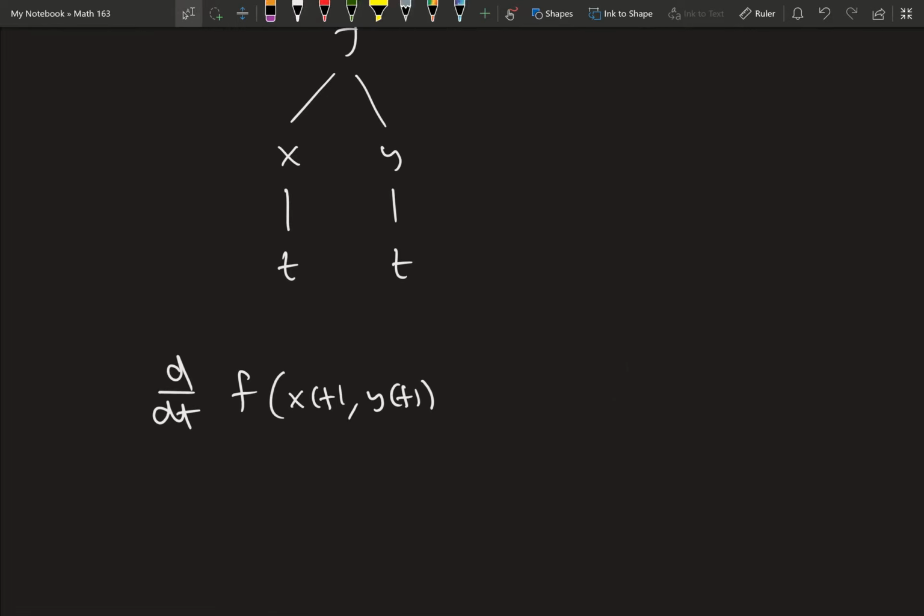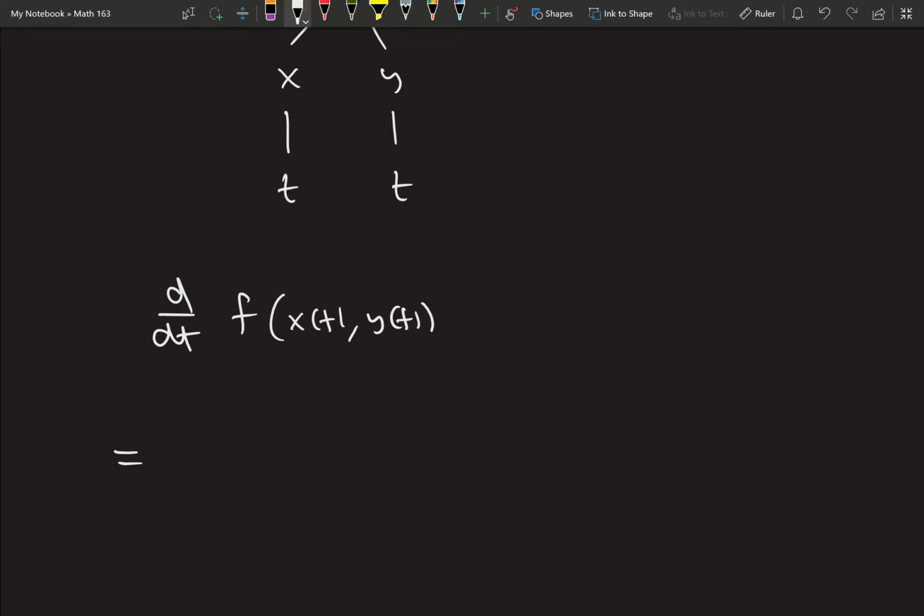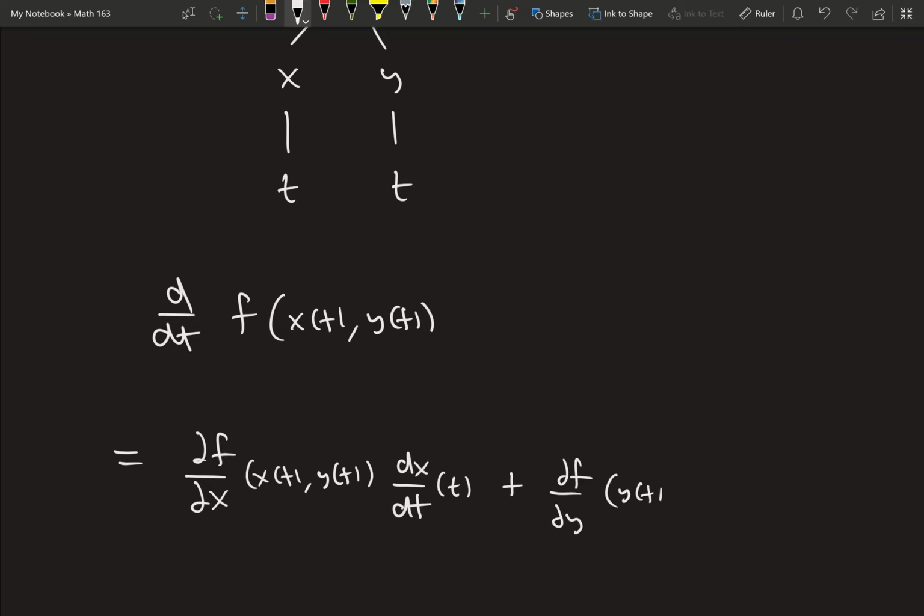This is the condition. And what essentially is going to happen is, I'll just tell you what it comes out to be. We end up with del f del x at x of t, y of t, and then we have x prime of t, which is dx dt at whatever t value, plus del f del y at x of t first, then y of t, times dy dt.